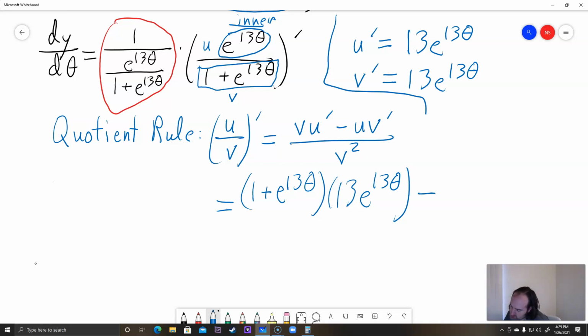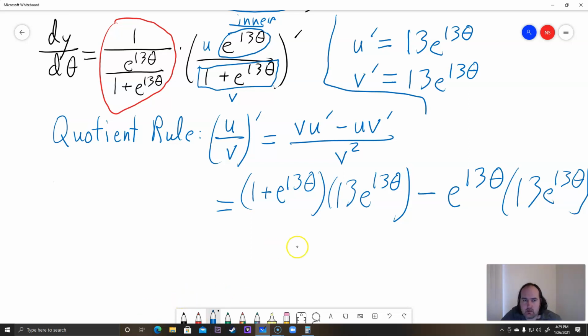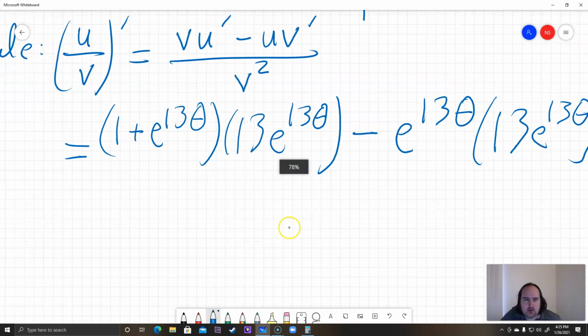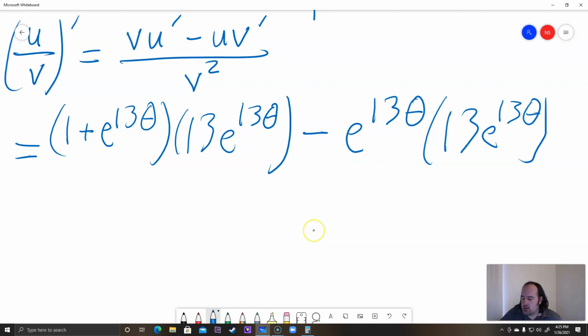So minus uv prime is going to be minus e to the 13th theta times 13 e to the 13th theta. Okay, let me zoom in again since we got room now. And then this is going to be all over v squared.